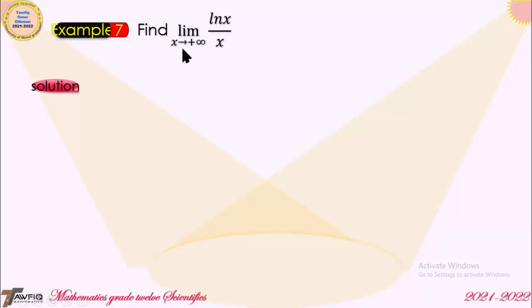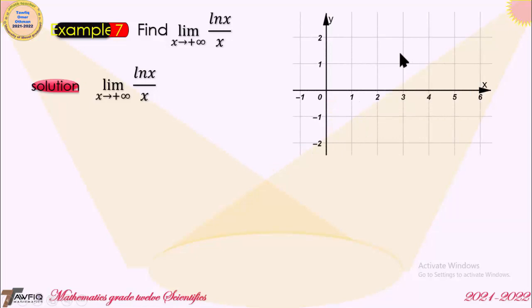Find the limit as x approaches positive infinity of ln x over x. Ln x approaches positive infinity and x approaches positive infinity. As you can see here in the graph of the function, if we draw the graph of ln, it is like this.